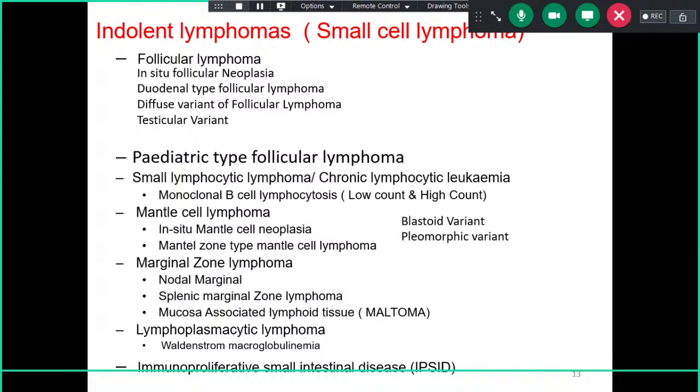There are many other lymphomas, but they are very rare, and you rarely encounter them. So follicular, then SLL, mantle, marginal, LPL, then the immunoproliferative small intestinal disease. These 5 lymphomas at least every undergraduate should know, and they sometimes may present with leukemic features, or may present as a lymph nodal mass.